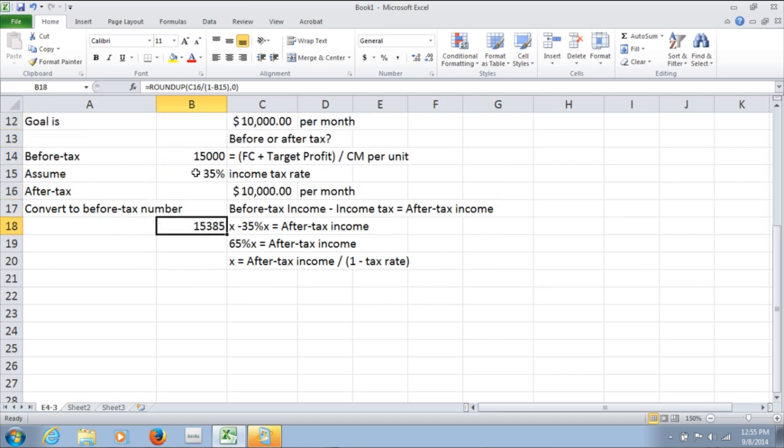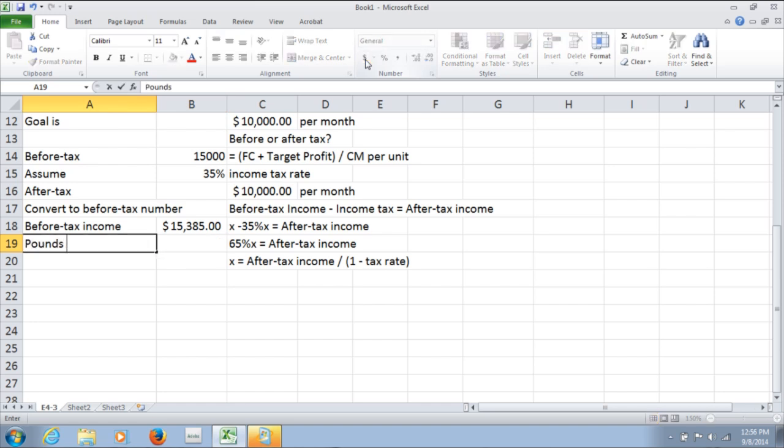So in other words, we would want to have 15,385 as the before tax income number that would yield this result.